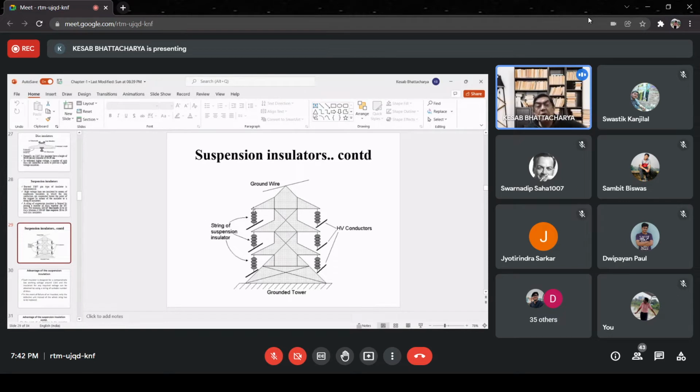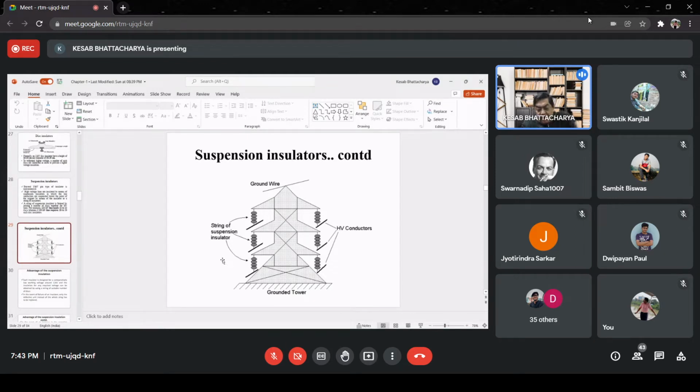The upper end or top end of the suspension insulator is connected to the tower cross arm. In other words, at the top end the suspension insulator is connected to earth potential, and at the lower end it is connected to live potential. And this is the ground wire which is placed at the top of the transmission tower. So this is how the suspension insulators are formed.